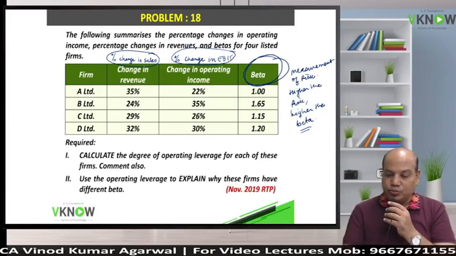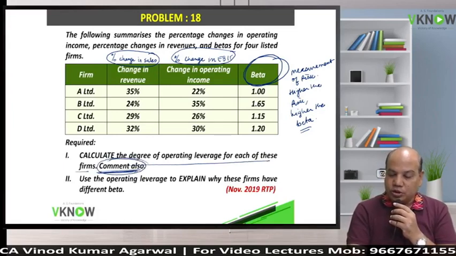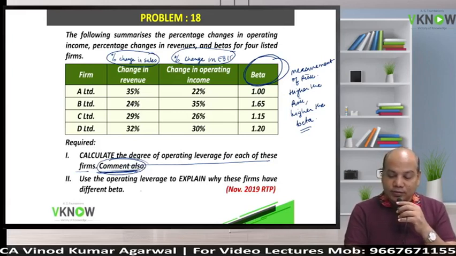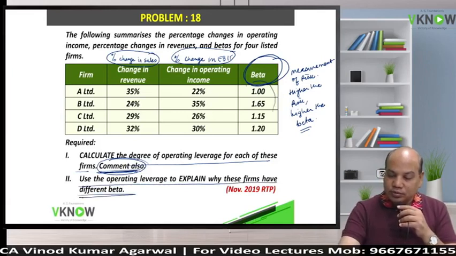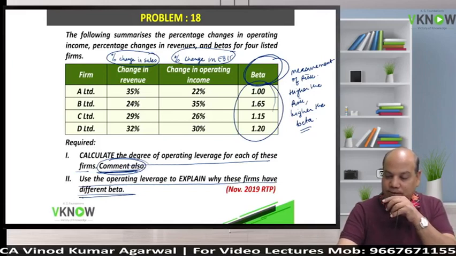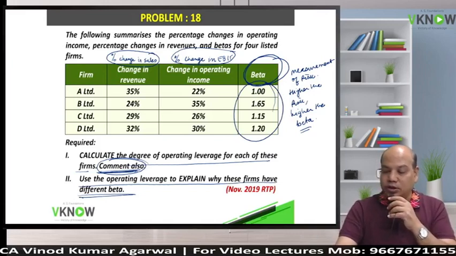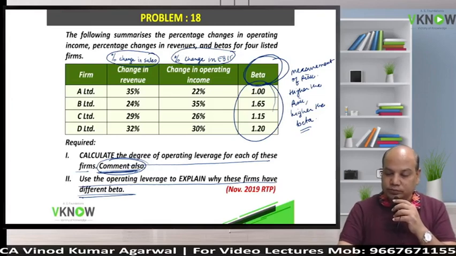First question, compute degree of operating leverage for each firm, comment also. So in comment what you have to do, which firm is more risky, which firm is less risky. And then use the operating leverage to explain why these 4 firms have different level of beta.